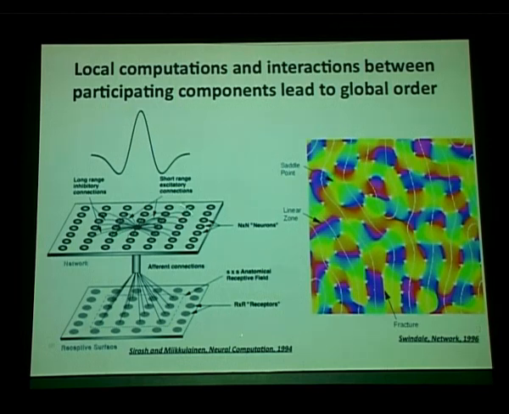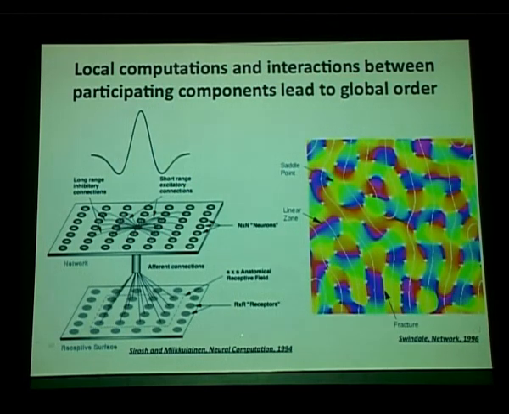So this has been heavily used, and thanks to Kohonen and others, the idea of self-organization, where local computations and the interactions which are specific in nature between participating components, in this case neurons, lead to global order where the maps are formed in a certain order.